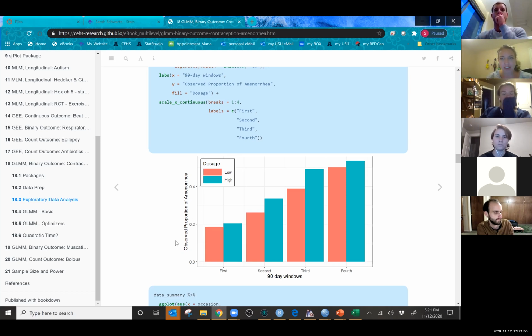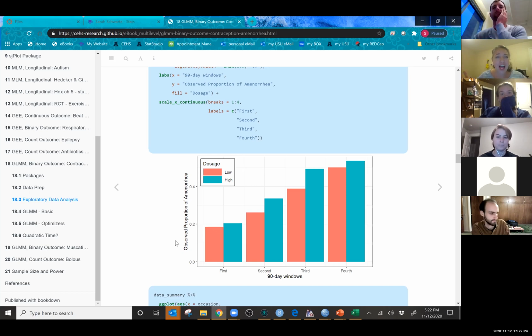The chance of experiencing amenorrhea goes up. Looking at this plot, can you see a clear difference between the low dose and the high dose? Who's more likely to have amenorrhea? Which column's taller?